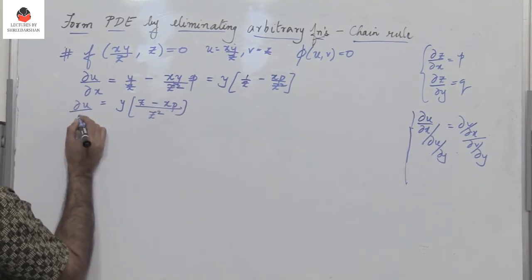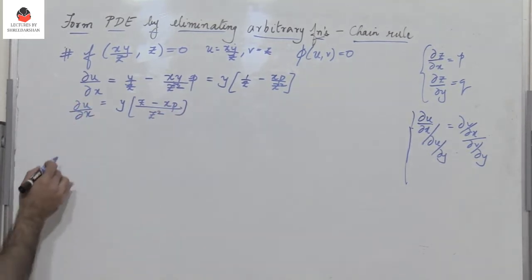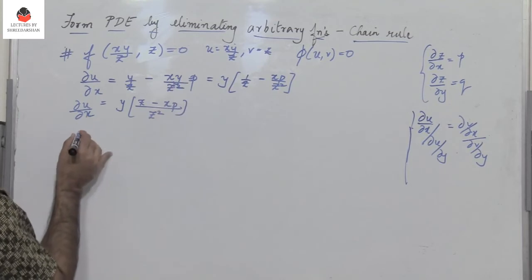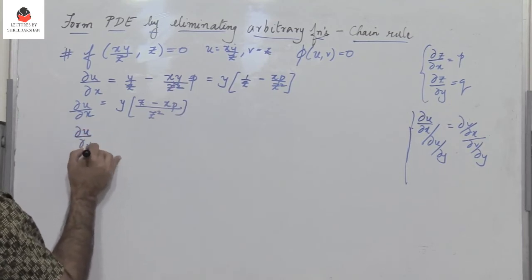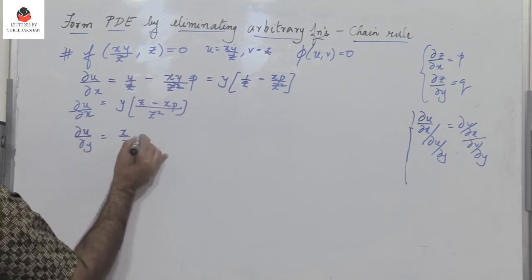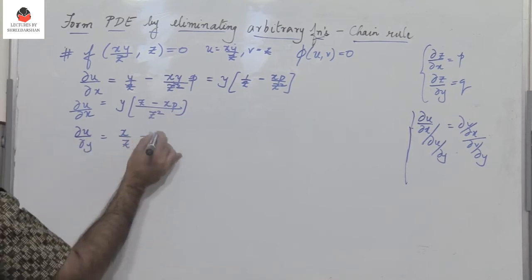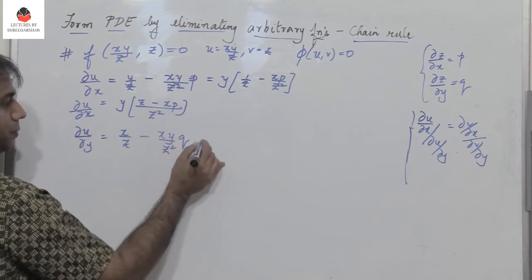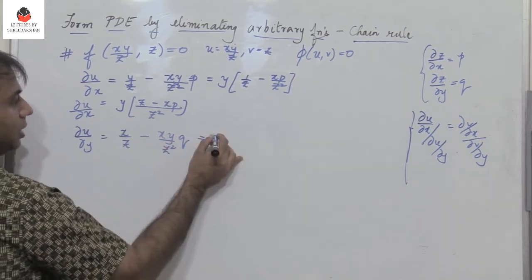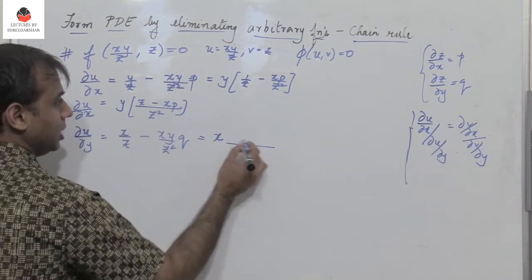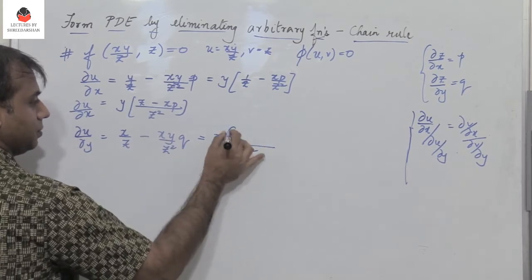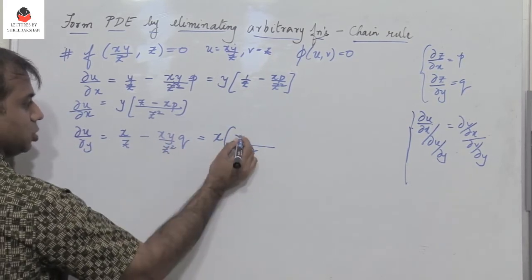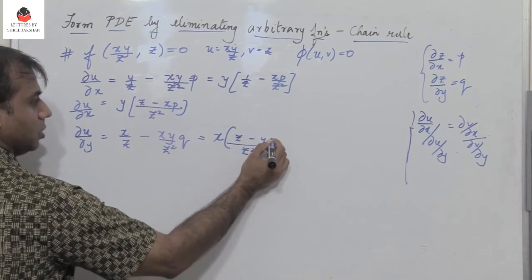So this is del u by del x. Now partially differentiating u with respect to y, so del u by del y equals x by z minus, similarly here we have xy by z square q. So now take x common and similarly take z square here in the denominators, you get z minus yq.